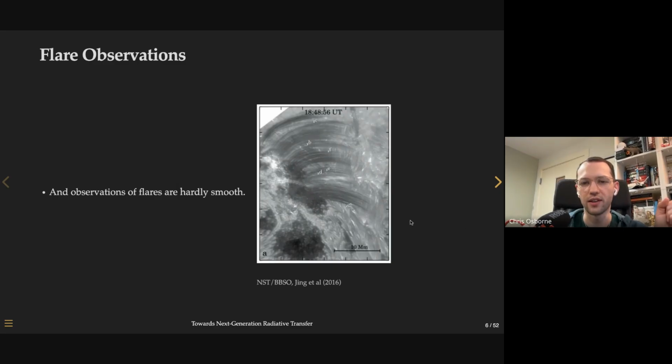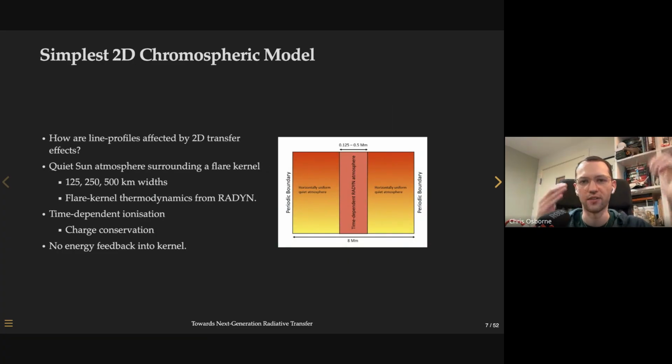But when we're looking at something like these tiny, fine tubes, it's clearly not, and it's clearly surrounded by material that isn't at the same temperature. So what effect does that have when we're solving the radiative transfer? Because we're not just assuming it's a fine vertical thread, we are assuming it's an infinite extent vertical thread. So we went about putting together the simplest two-dimensional model we could come up with that tied this together.